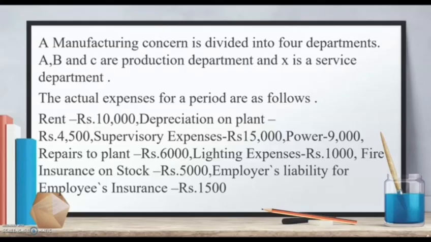Rent is rupees 10,000, depreciation on plant is 4,500, supervisory expenses rupees 15,000, power rupees 9,000, repairs to plant rupees 6,000, lighting expenses rupees 1,000, fire insurance on stock rupees 5,000, and employer's liability for employee insurance rupees 1,500.